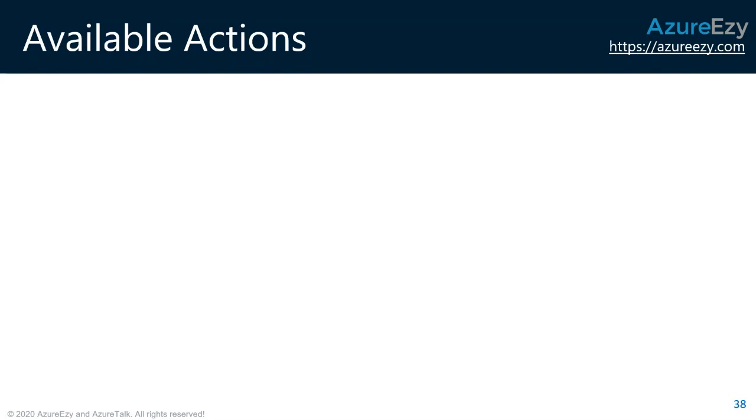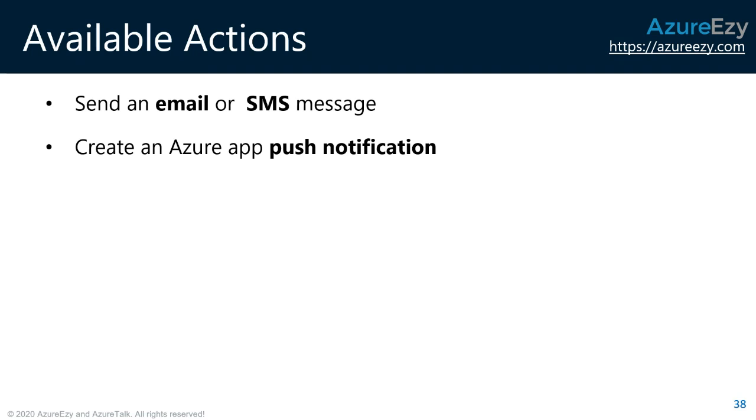Now, once you create an action group, within that action group you have an option for available actions. What action do you want? You can define actions like sending an email, sending an SMS to the admin, to a specific developer, to any specific team, to management. Or you can generate some push notification. You can also generate some voice call to any specific number.